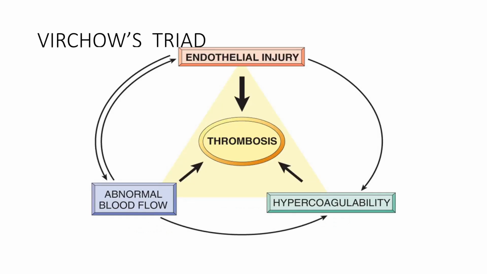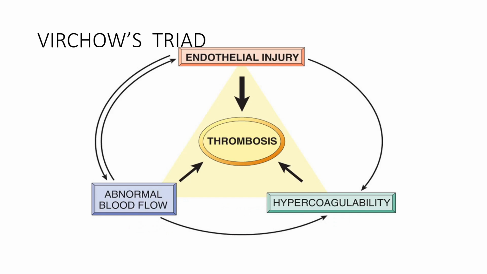So we know Virchow as the father of modern pathology, and he has given his name to this very important triad in hemodynamic disorders. Virchow's triad denotes some of the factors associated with thrombosis. These are endothelial injury, abnormal blood flow, and hypercoagulability.